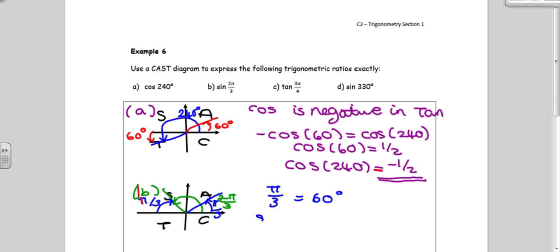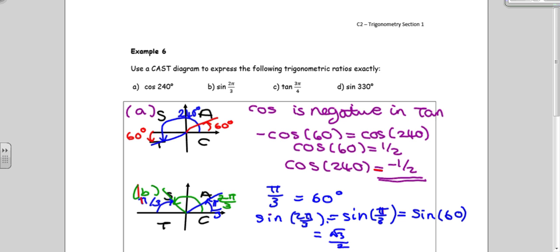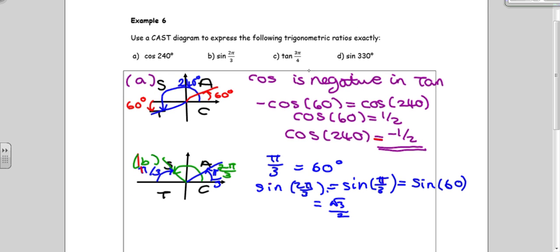So sine of 2 pi over 3 is equal to sine of pi over 3, which is equal to sine of 60. And from the previous page, we know that sine of 60 is equal to root 3 over 2. So that ends up being our final answer.